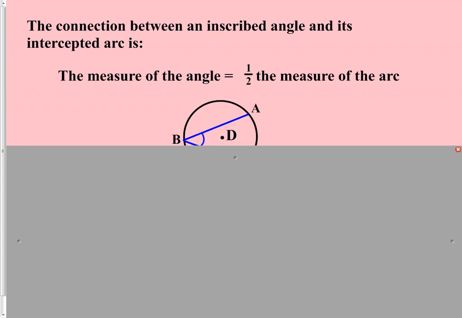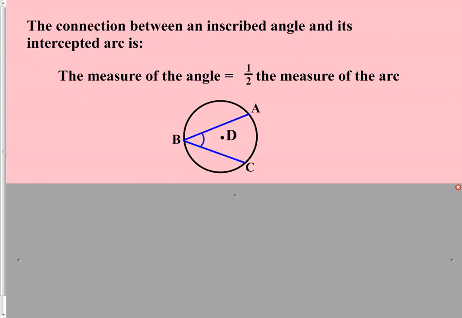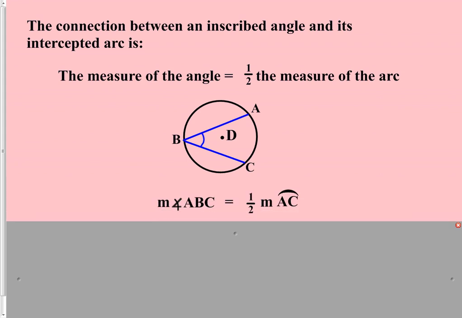Using the same diagram that you copied a moment ago, you do not have to copy it again. You may state that the measure of angle ABC is going to equal half of the measure of arc AC. Or you could also state that the measure of arc AC would equal twice the measure of angle ABC.